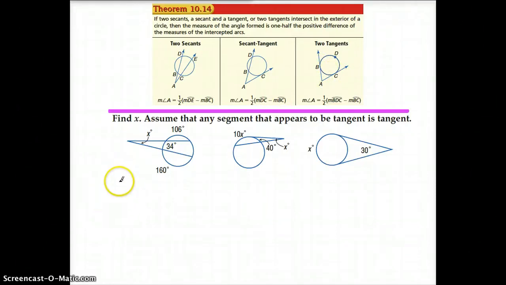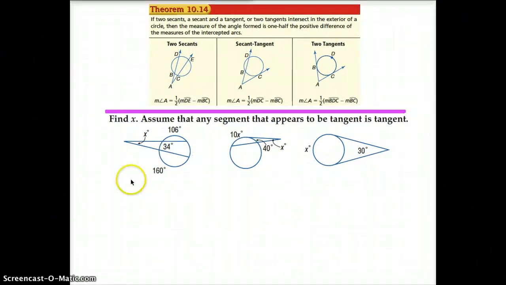And they get a little bit tricky on us here, making us find some missing pieces, because to find this angle, I need to know this little arc, the 34, and this one. So again, what I'm looking for here is this arc here.